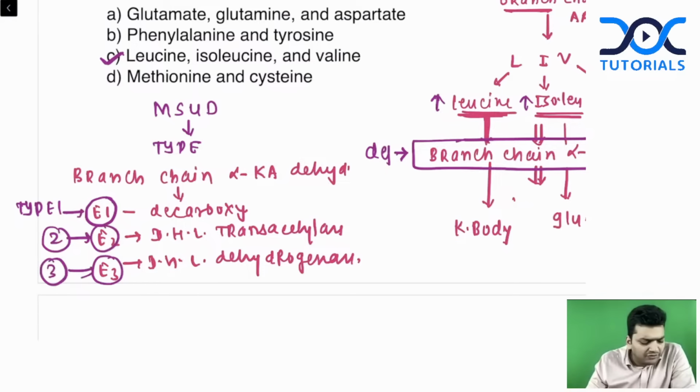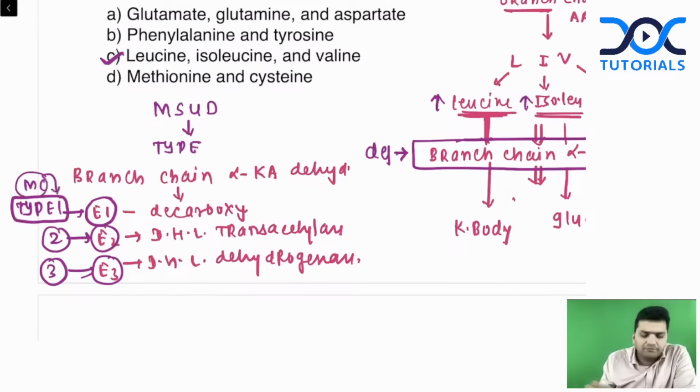Can you tell me which is the most common out of these three? 1, 2, 3. Yes, the most common is type 1. So sometimes they ask the question like this: in maple syrup urine disease, which is due to deficiency of branched-chain alpha keto acid dehydrogenase, which main reaction is defective?